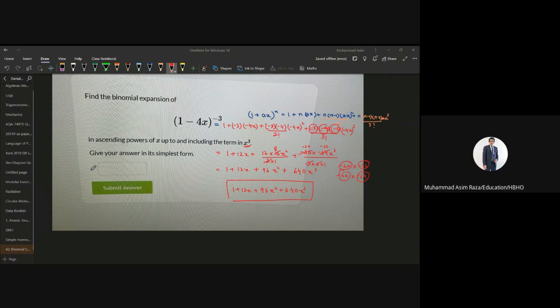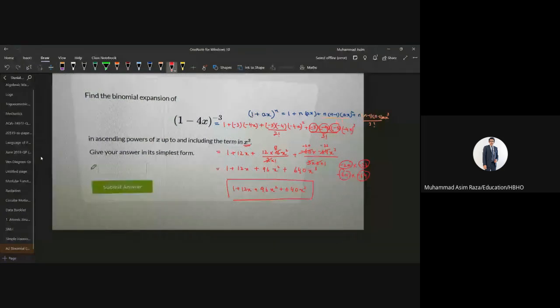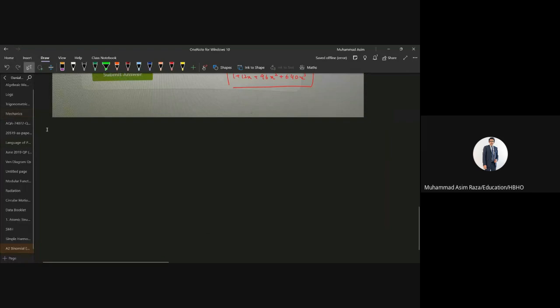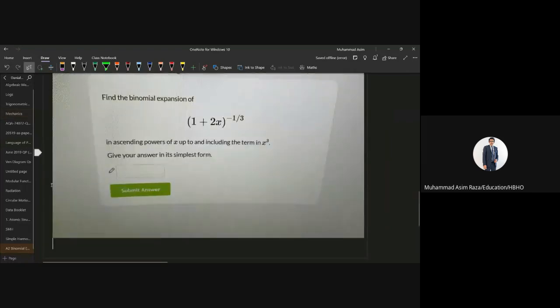Okay, so the next question is containing negative 1 over 3 power. So x cube, we need to expand it till x cube. So 1 plus negative 1 over 3 is here, that is n into ax, which is 2x, plus it is n minus 1 over 3. So when you have minus 1 over 3 minus 1, it will become minus 4 by 3.